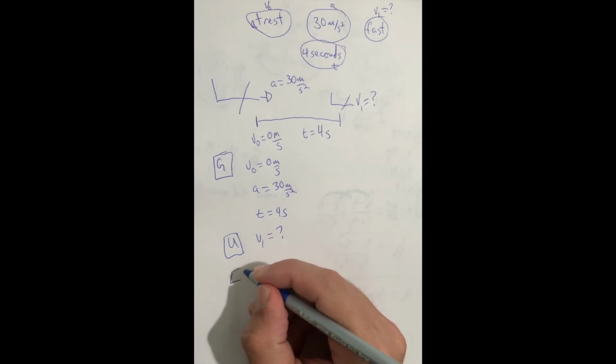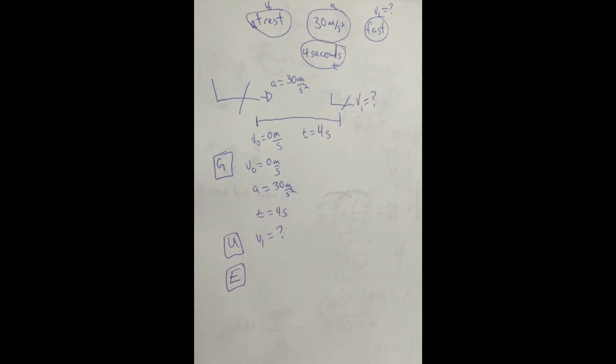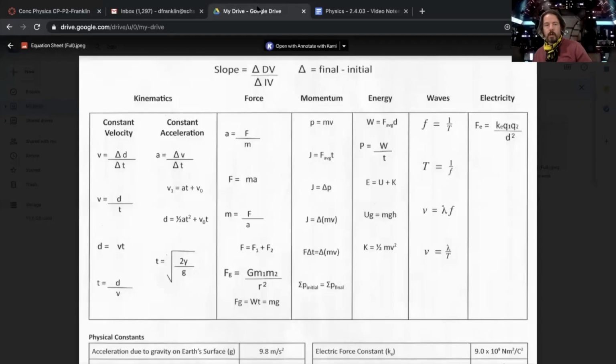Now I'm going to go to my equation sheet. So let's take a look. This time I'm looking for V1. Now notice V1 happens to be the very next equation. It actually is a simpler equation, I think. V1 equals acceleration times time plus V0.